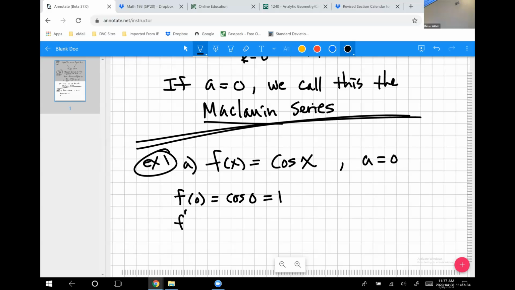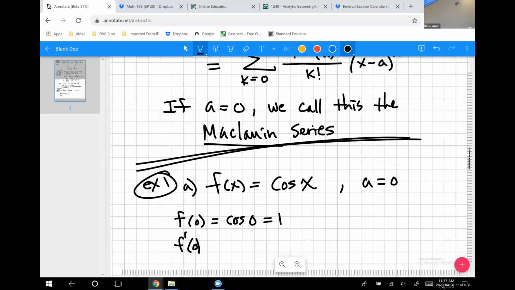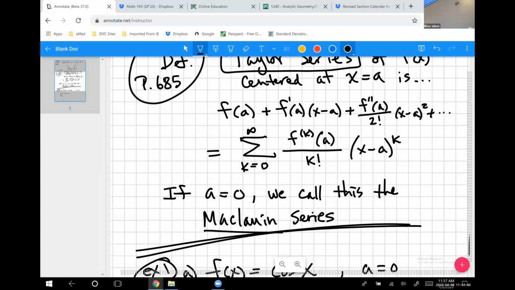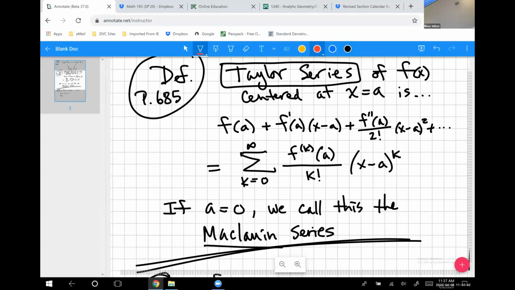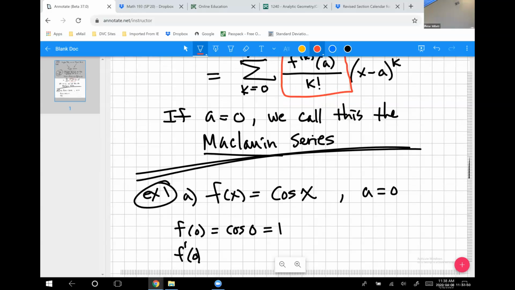f prime of 0. I'm taking derivatives because in the formula, we have to find these coefficients, which involve the derivatives of the function. So I'm finding the derivatives of the cosine function.